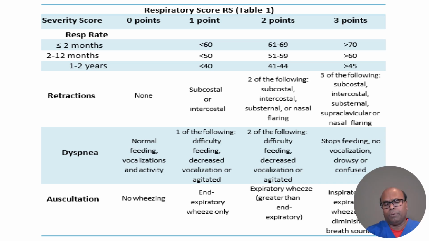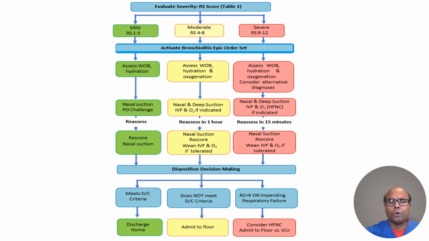Each parameter has given 4 points. 0 points meaning the patient is normal, 1 point usually in milder diseases, 2 points moderate, and 3 points for severe disease. Then you compare: when the total score is 1 to 3, it's called mild. When the total score is 2 to 8, it is called moderate. And when the total score is 9 to 12, it's graded into severe bronchiolitis.